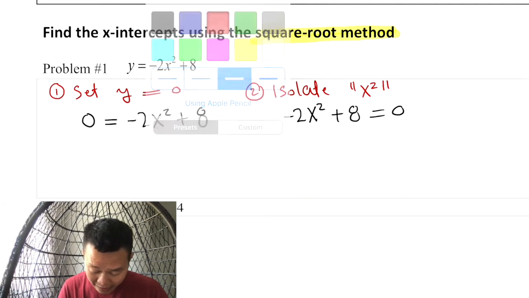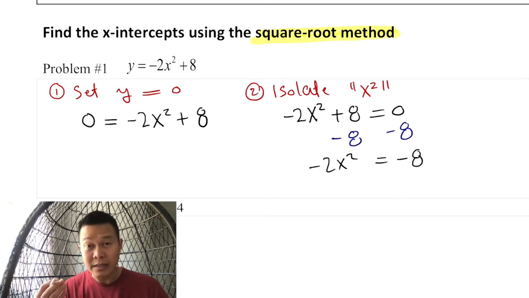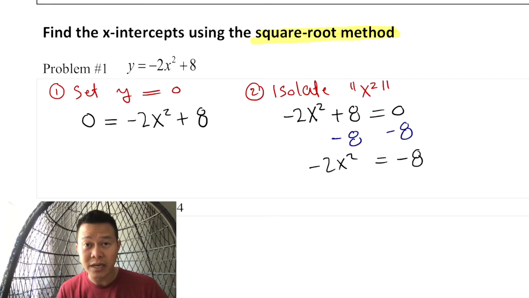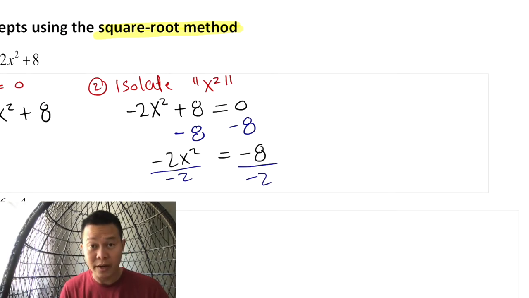To do that, I have to move the 8, and that gives me -2x squared equals -8. The last thing I have to do is divide both sides by -2, and that will isolate the x squared term.